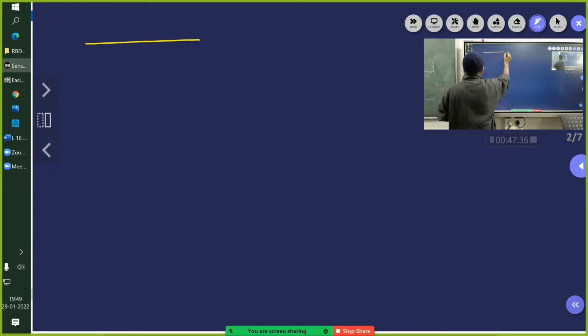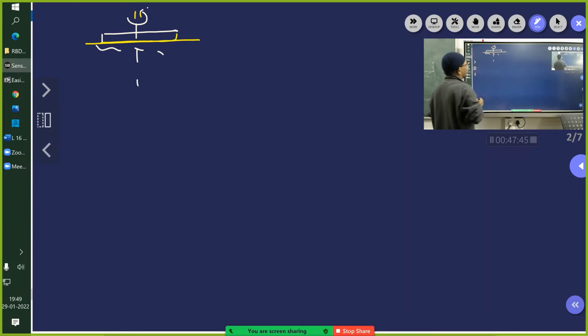So if this is the ground, the disc is here, and this is the axis of rotation. It is rotating like this.